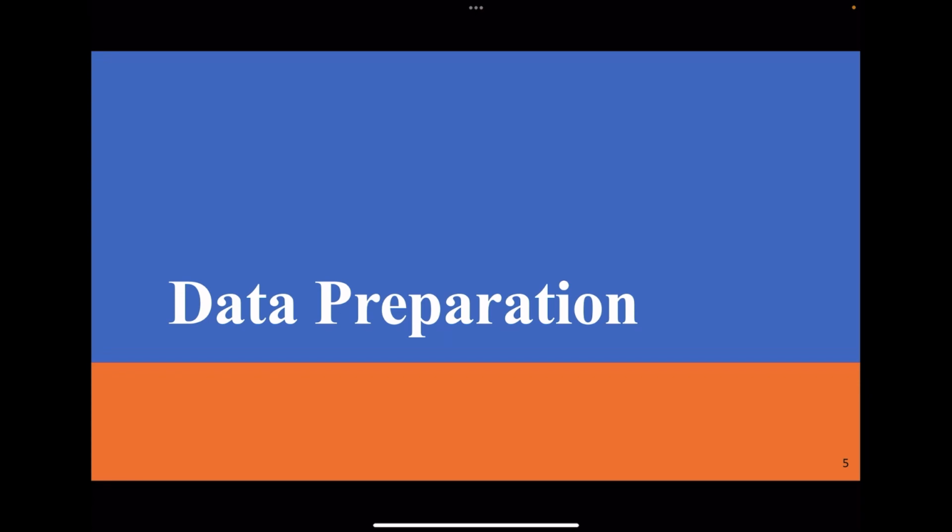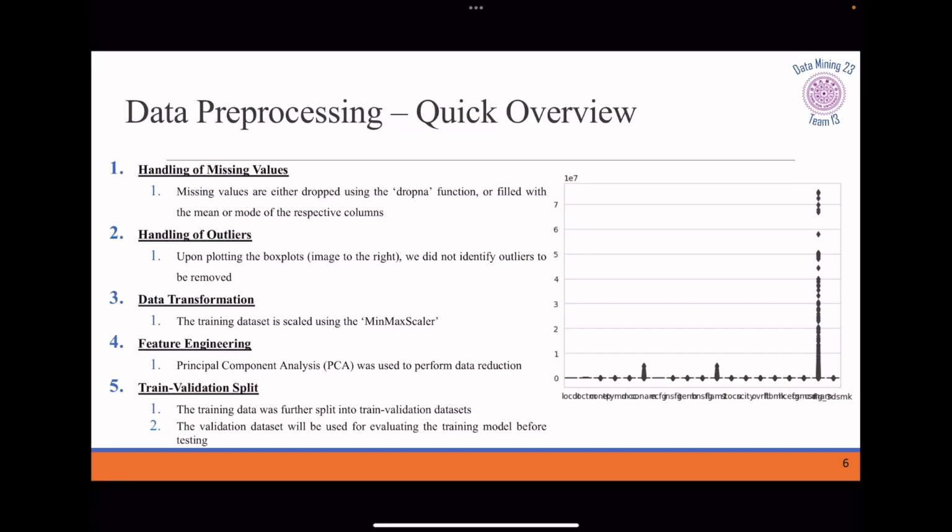Moving to the data preparation. Here's a quick overview of the pre-processing we did to our data. First, we dropped the missing values using the drop_NA function or filled the missing values with the mean or mode of the respective columns. Next, we handled the outliers by plotting box plots as we can see from the right. However, we did not identify any significant outliers to be removed.